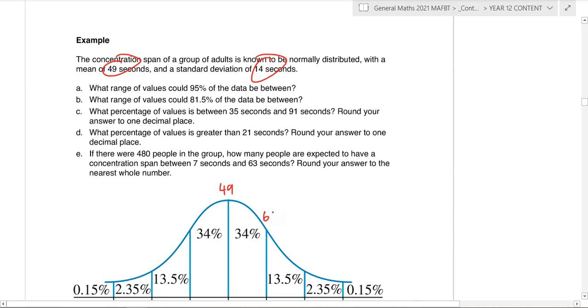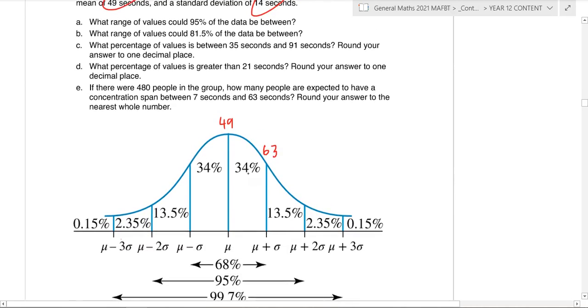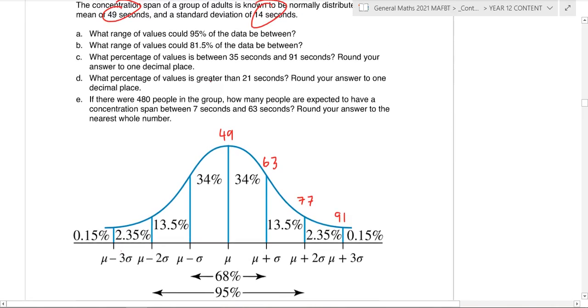So that's going to be 63. Adding 14 for another standard deviation above that is going to be 77. And one more standard deviation above that, add 14, is going to be 91. So there are your standard deviations above, and then let's go below. One standard deviation below is going to be minus 14, so that'll be 35.